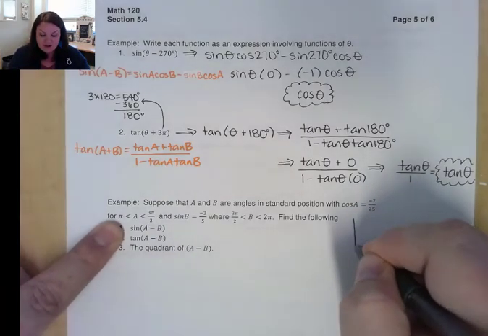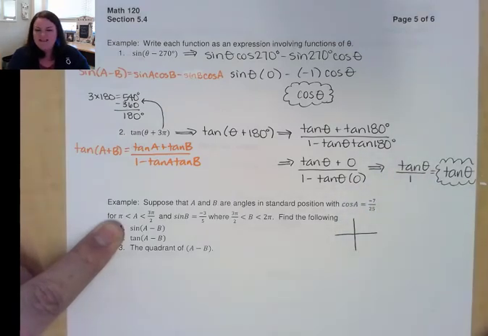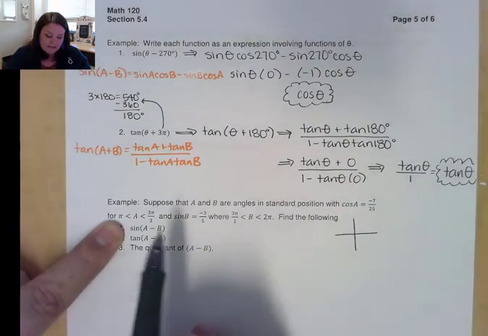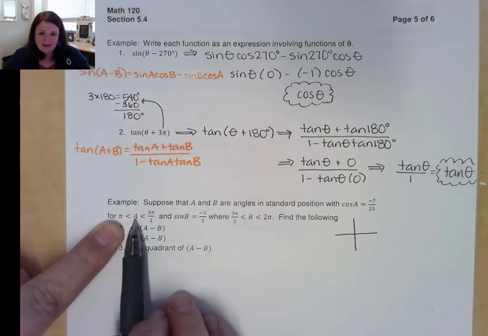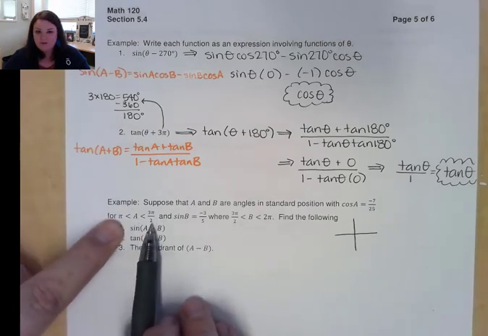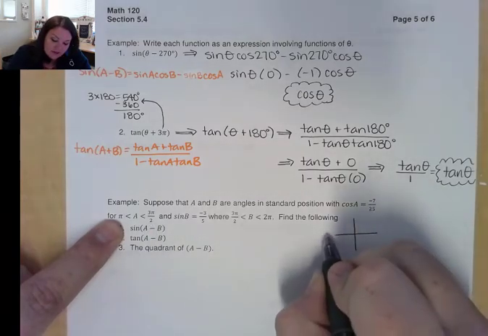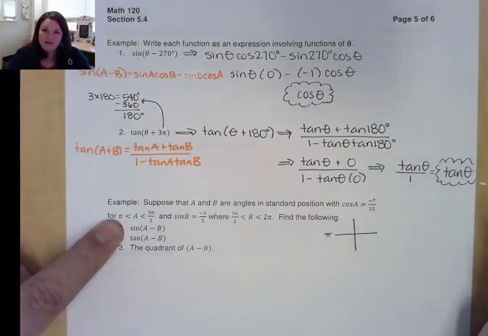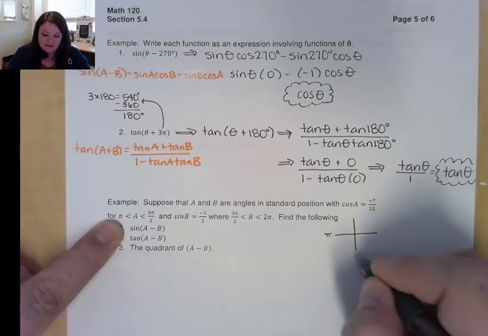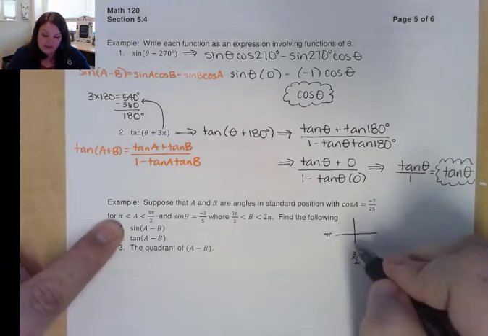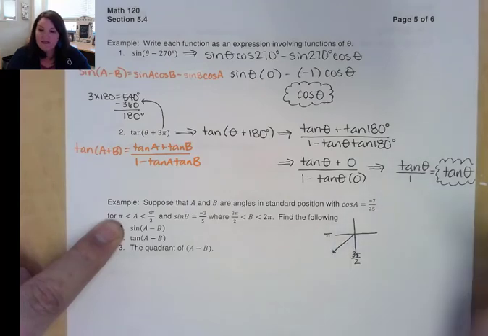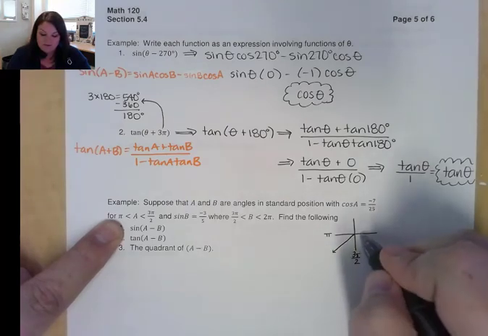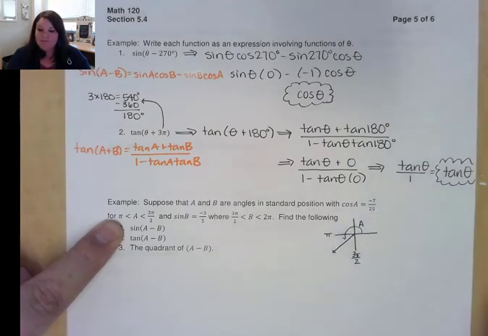If I were to draw this angle in standard position, what this is saying is that my angle A is somewhere between pi and 3 pi over 2. So pi is right here, right? And 3 pi over 2 is my next quadrantal angle. So what they're telling me is that my angle A is somewhere in here. This is angle A, okay?